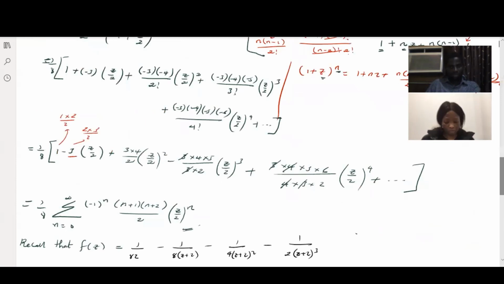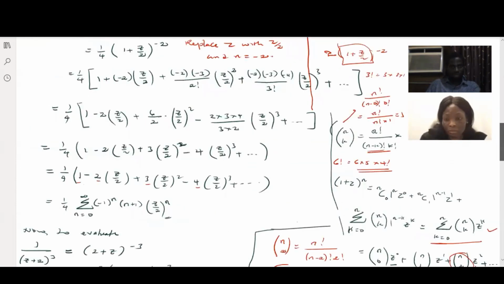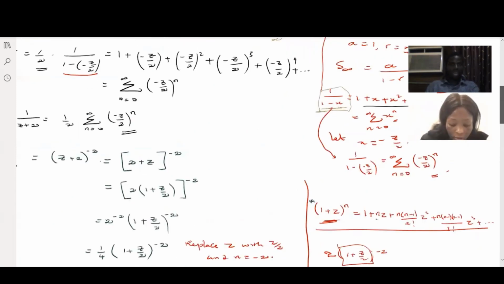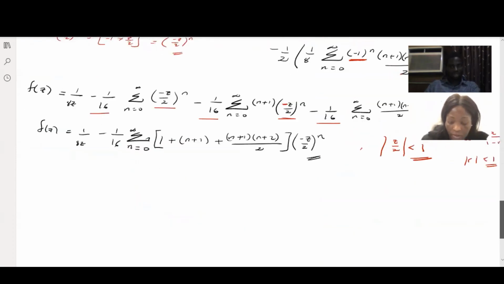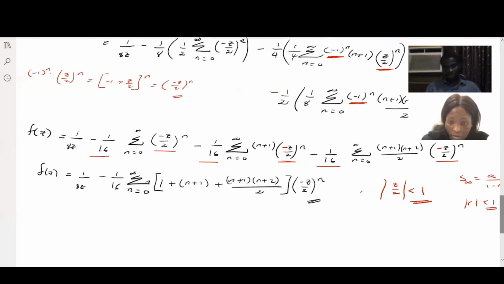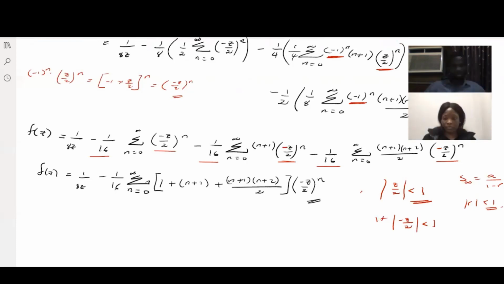If you look at when I was using that summation for this z plus 2, my r was minus z over 2. But since it's inside the absolute value, I don't need to put minus again. The series will converge if the absolute value of minus z over 2 is less than 1, which is the same as the absolute value of z over 2 being less than 1.